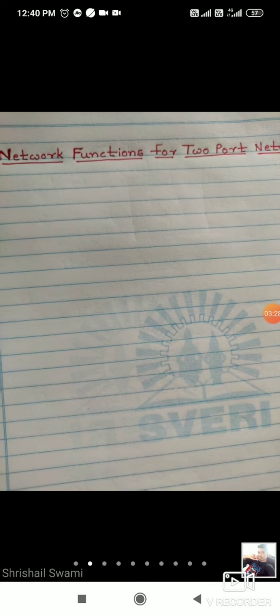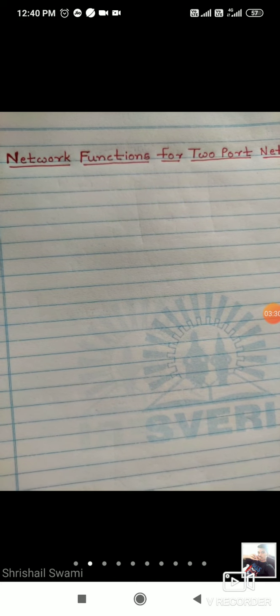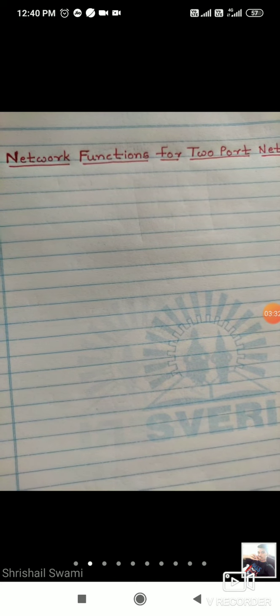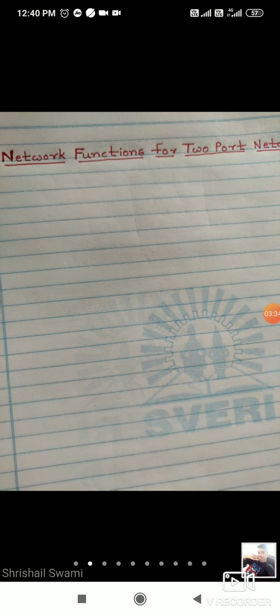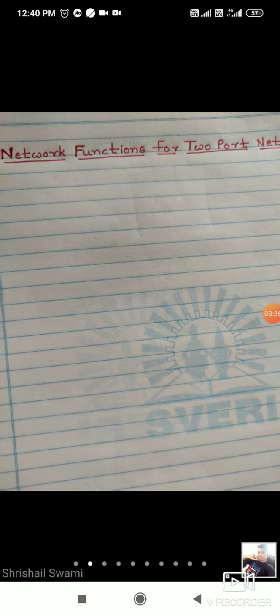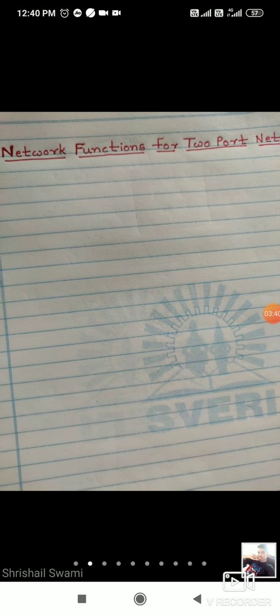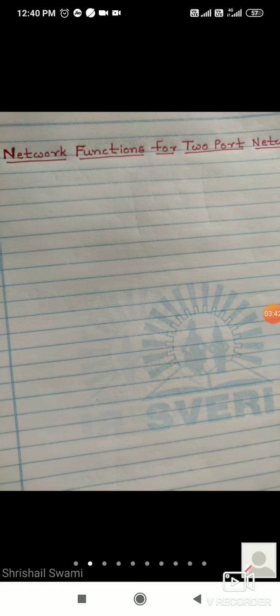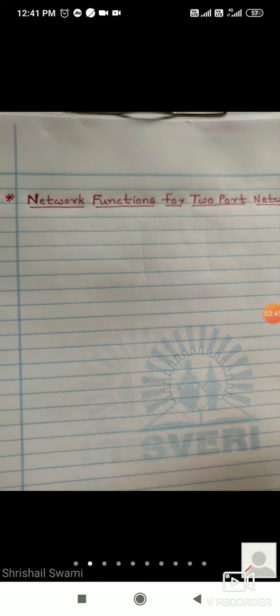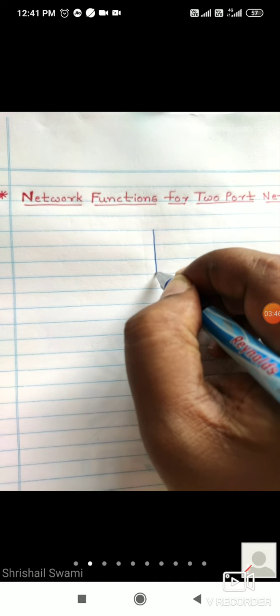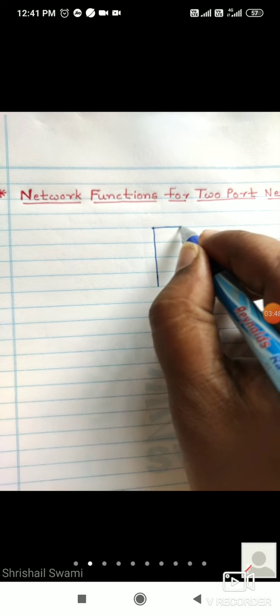In the university question paper they will ask for the definitions of network functions like driving point impedance, driving point admittance, voltage transfer ratio, current transfer ratio, transfer admittance, and transfer functions. So we start the network functions for a two port network.